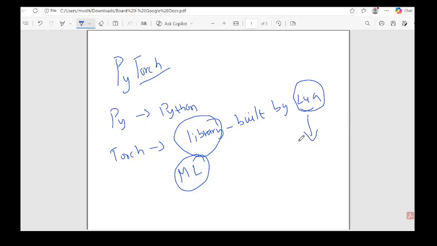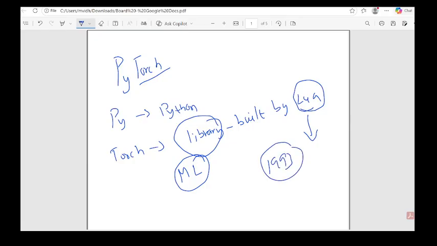Lua is a small, fast scripting language designed to be embedded inside other applications. It was built in Brazil in 1993.